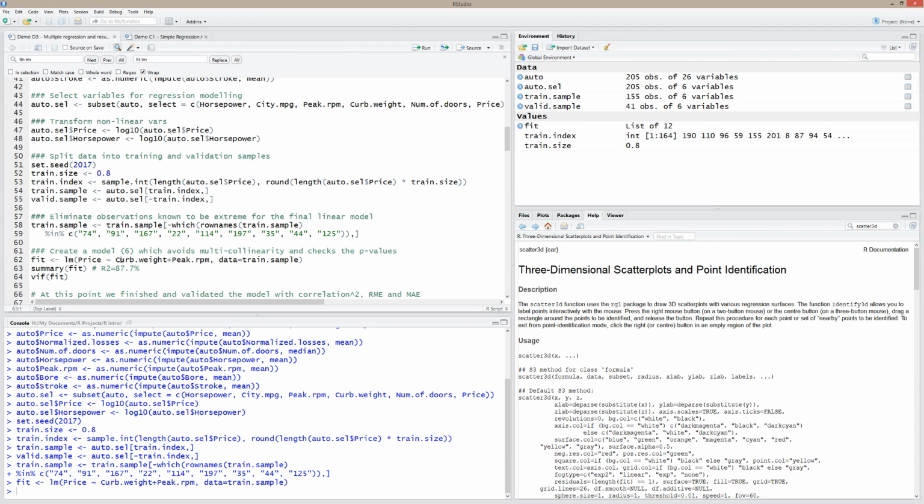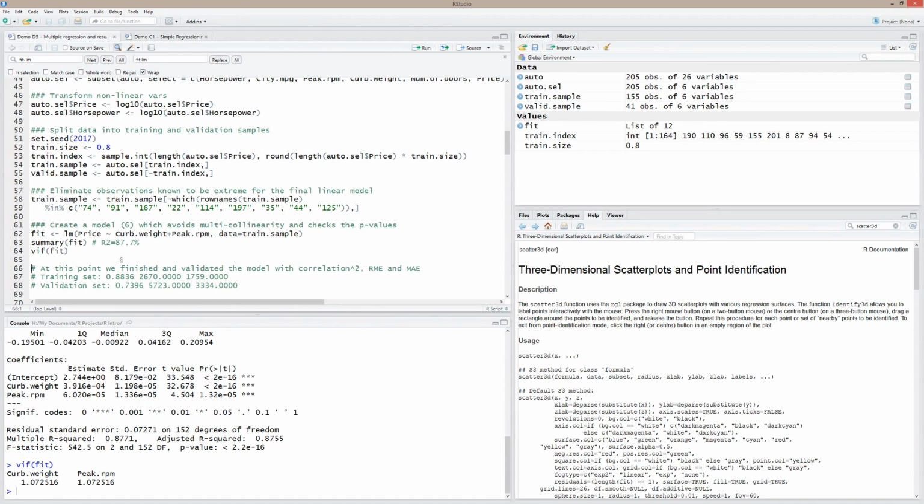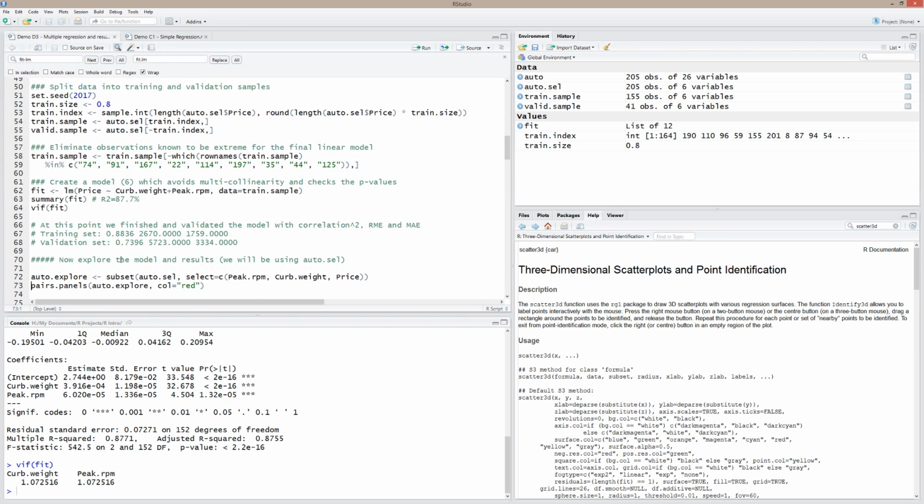Eventually we created the fit, which behaved well and which had no multiple collinearity as evidenced from the function VIF. Okay, so that was very quick.